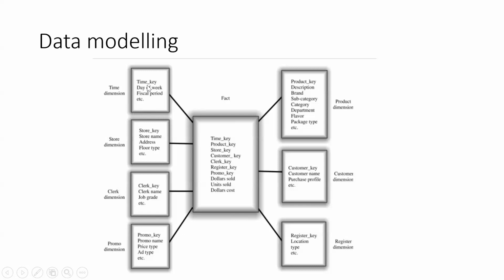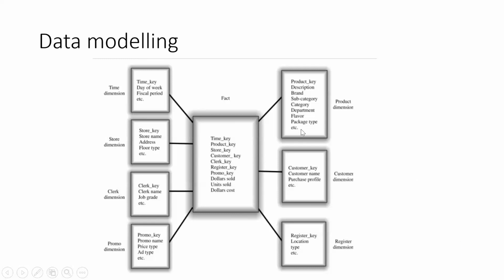For each dimension, one particular key contributes to the fact table as a column. What we just discussed, this entire picture, is called data modeling.